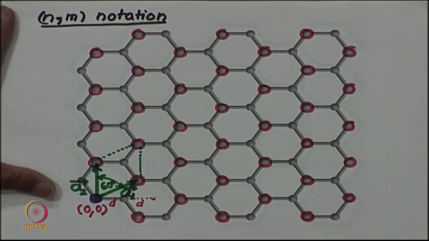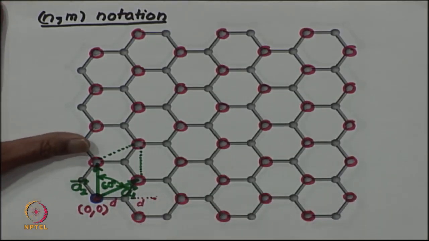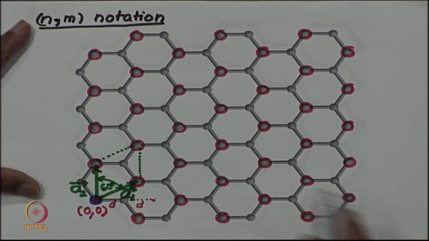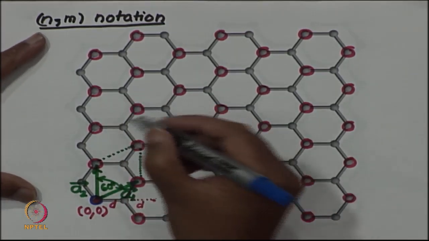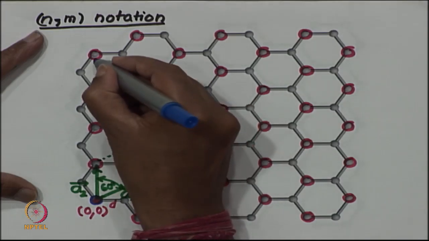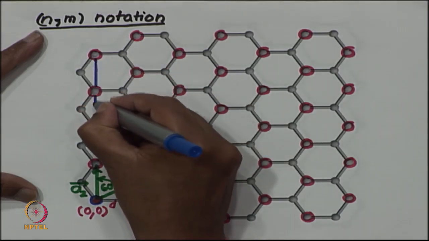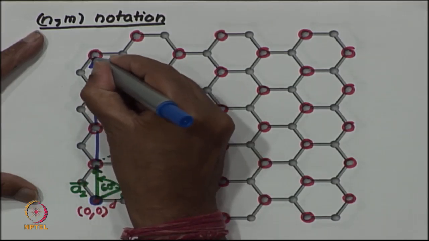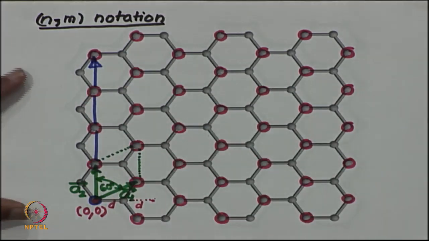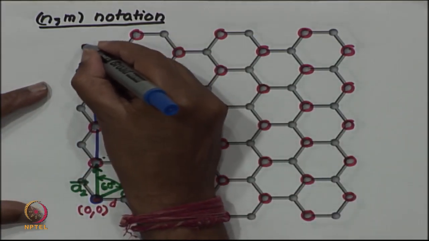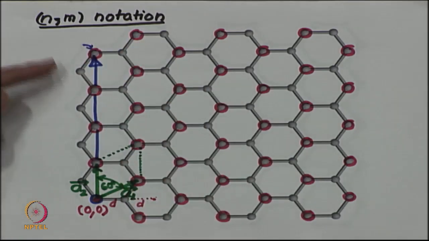So, this brings us to the fact that if I take any vector in the graphene sheet, so let me take this particular vector, this blue vector, this end atom will be identified with the origin.